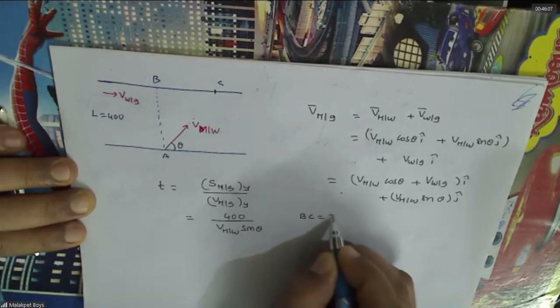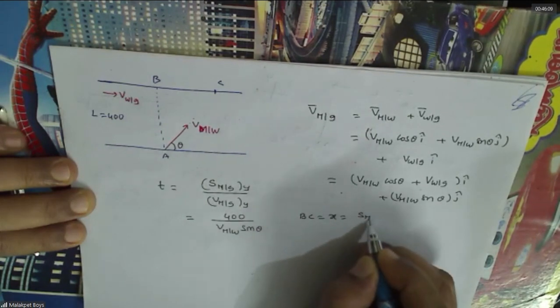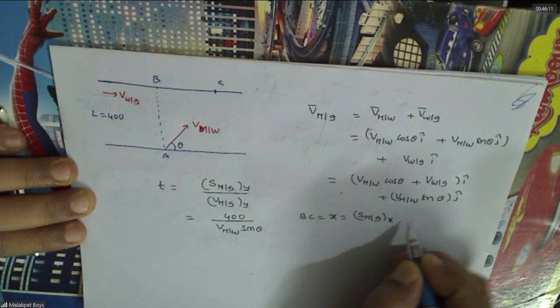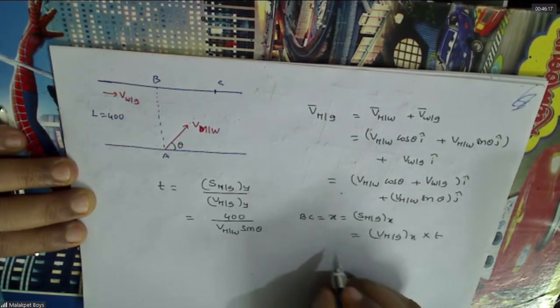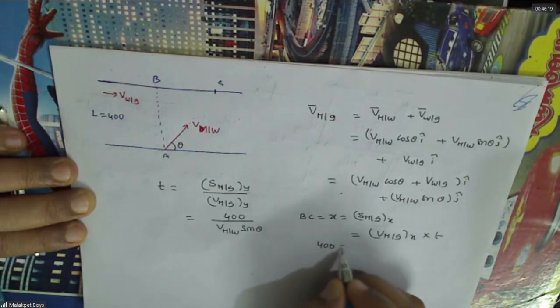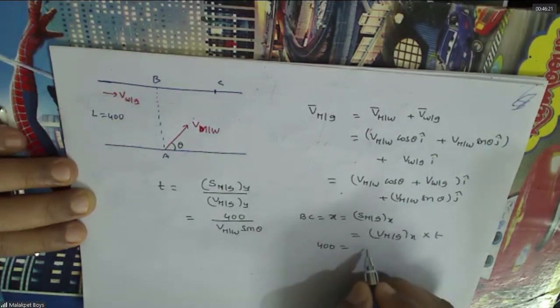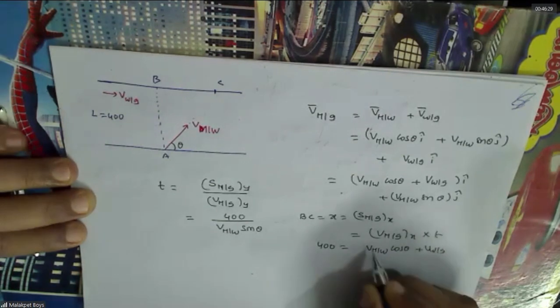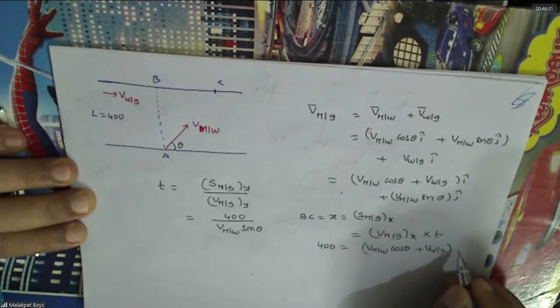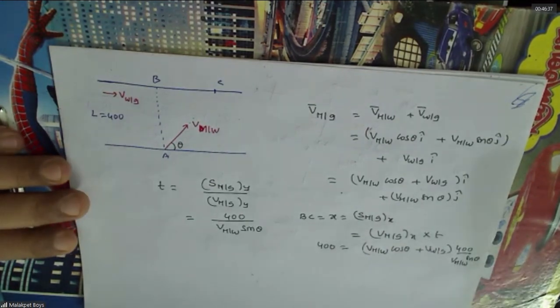BC is nothing but x, the displacement of man with respect to ground in the x direction. This is the velocity of man with respect to ground in the x direction into t, which is 400 he has given. Velocity of man with respect to ground is cos theta plus 1, into t. And t is 400 by VMW sin theta. Do you agree or not?